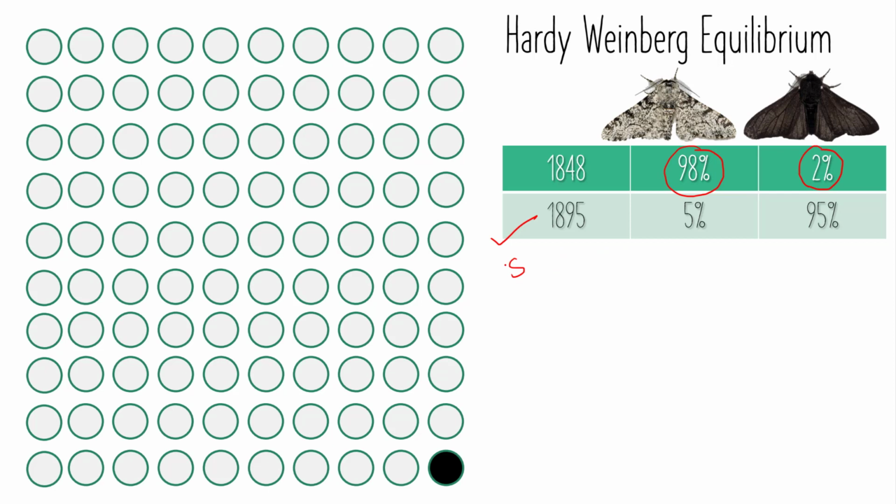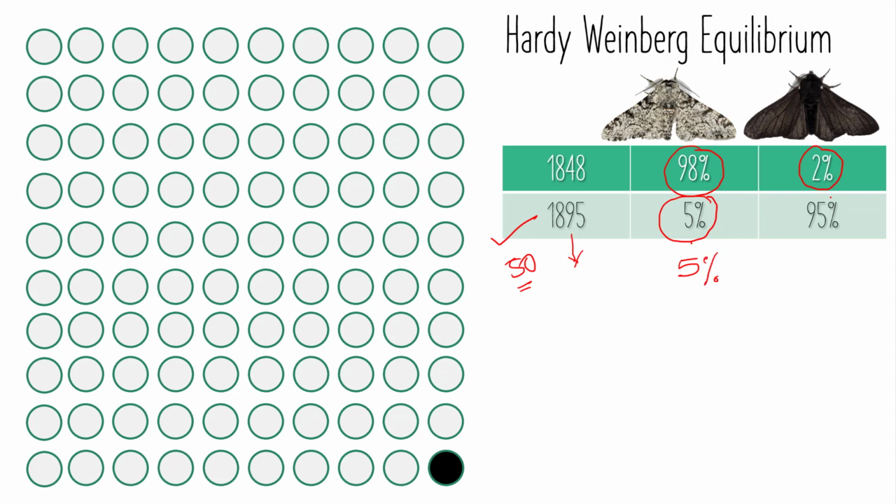After 50 years, when they collected the data in 1895, they saw quite astonishing results. Earlier, the light colored peppered moth, which used to be 98%, has now become only 5%.